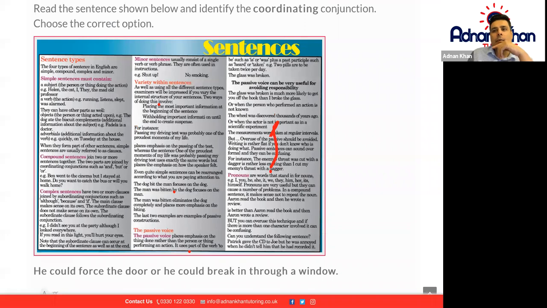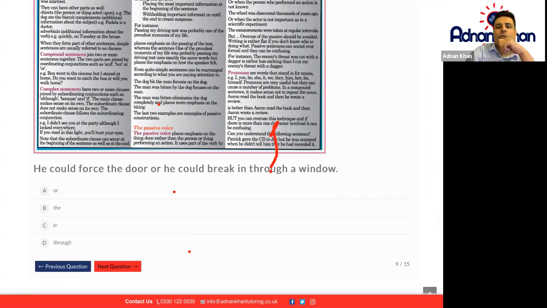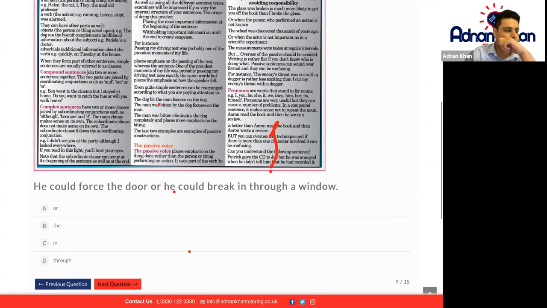So here now, Amir, what you're doing is you're identifying the coordinating conjunction. Okay, which is the other way around. So let's have a look at this. He could force the door or he could break in through a window. Is it A?